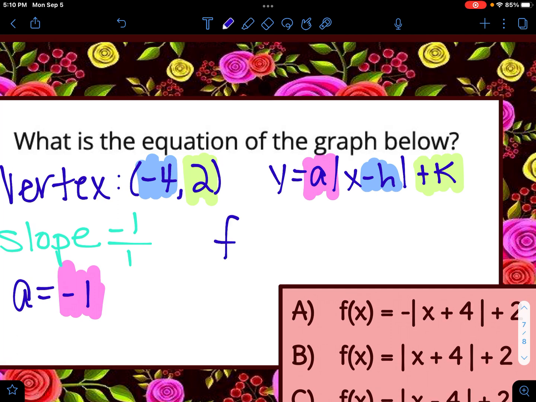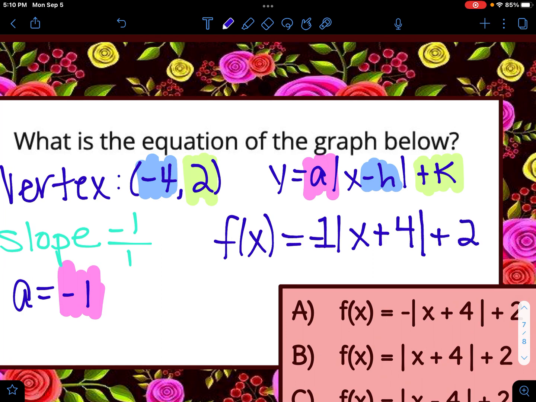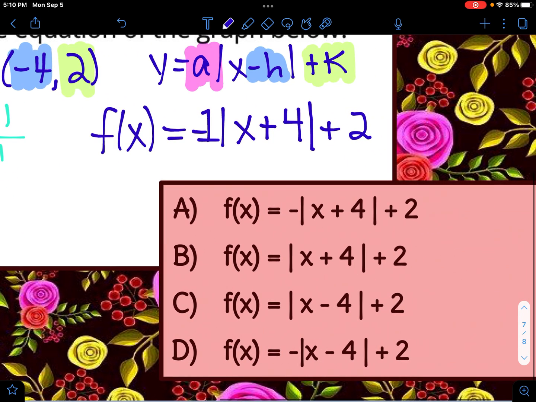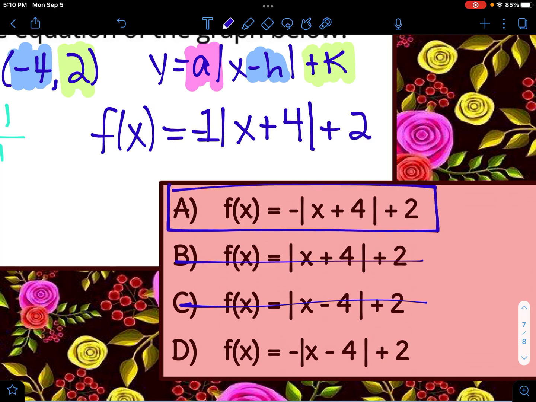So let's plug that all in. f of x equals -1 absolute value of x plus 4, because I changed the sign when I put it in the vertex, and then I kept the sign of k. So B and C do not have negatives out front, and it looks like A is the one I am looking for.